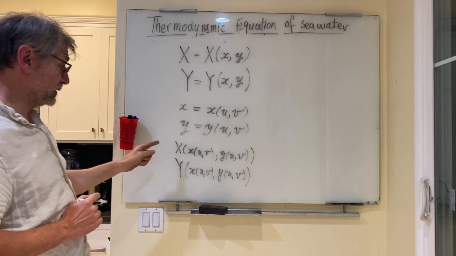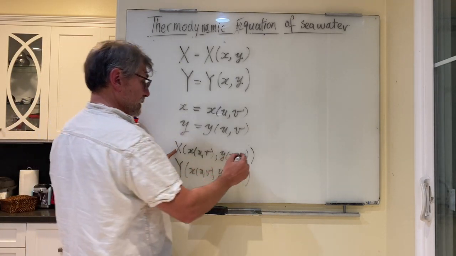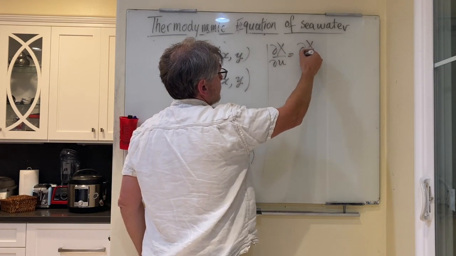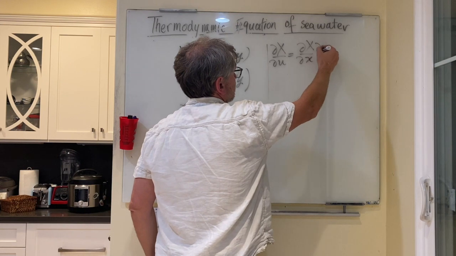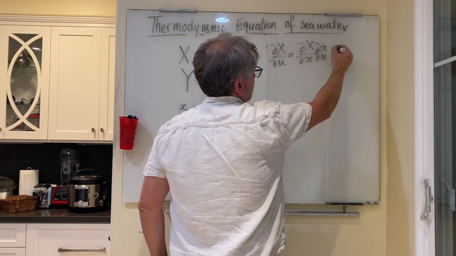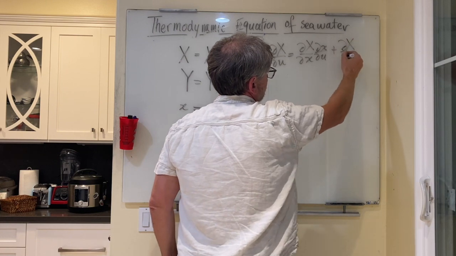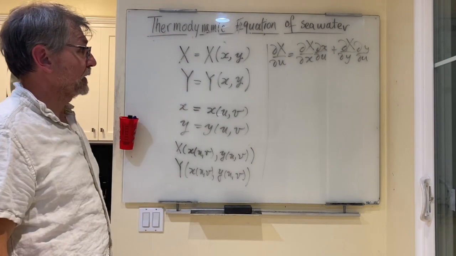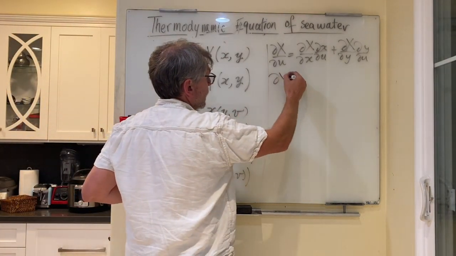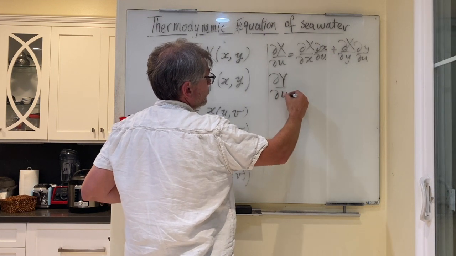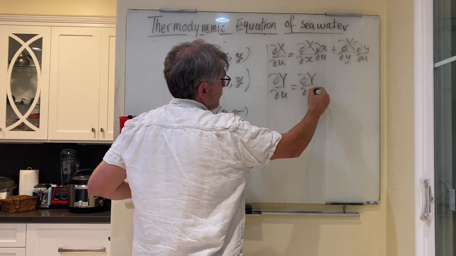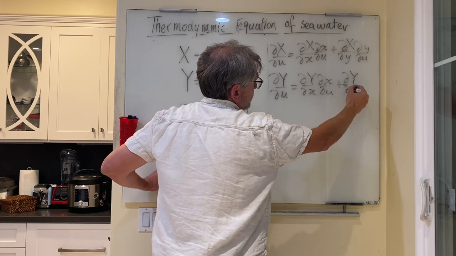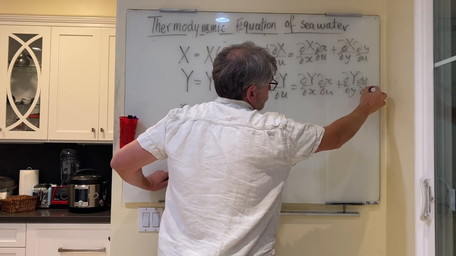So if I now try to take the derivative of X, dX/du, that's going to be dX/dx times dx/du, plus, right, X is also a function of little y, dX/dy times dy/du. That's the chain rule. And the same thing for Y: dY/du is dY/dx times dx/du, plus dY/dy times dy/du.